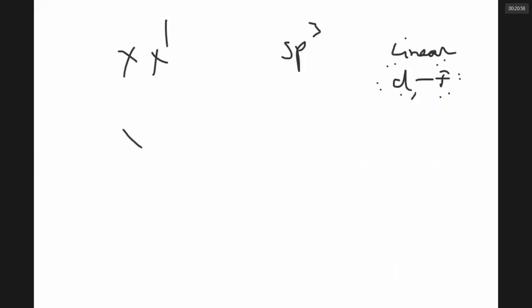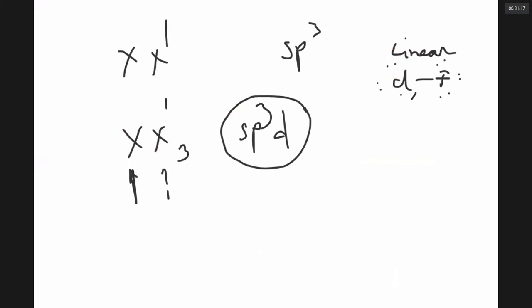Whereas in XX3, the central halogen, which has positive charge, will undergo sp3d hybridization, with 3 bonds. The sp3 orbitals are tetrahedral. Out of these, one is making a bond and the remaining 3 are lone pairs, so it becomes linear.